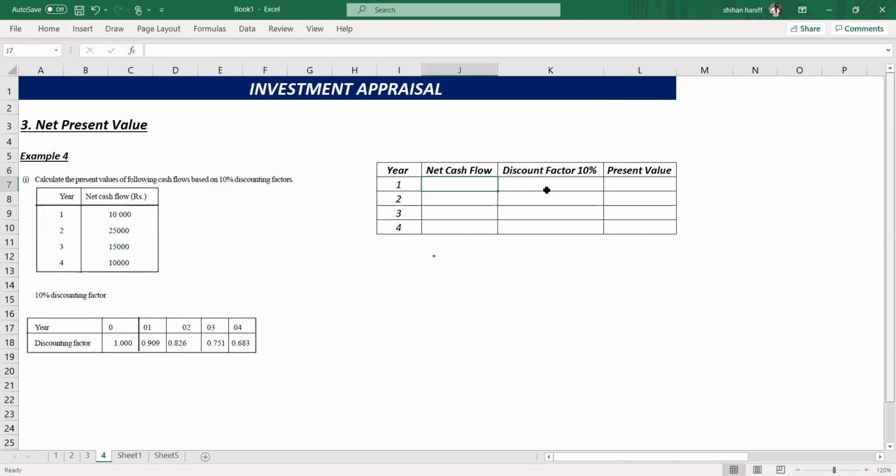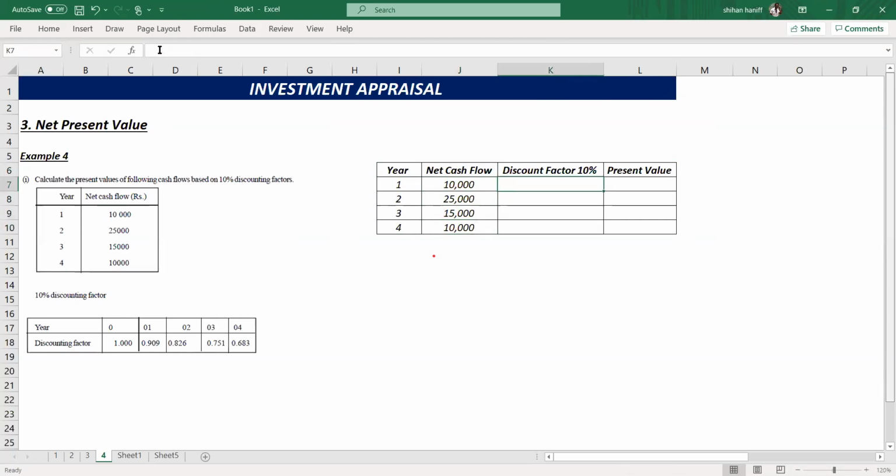Net cash flow is 10,000 in year 1, 25,000 in year 2, 15,000 in year 3, and 10,000 in year 4.